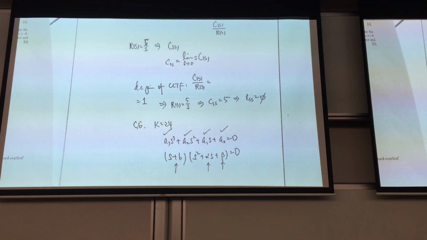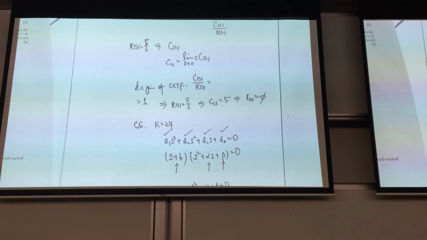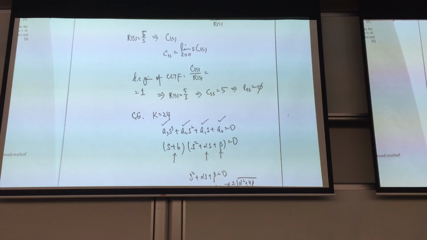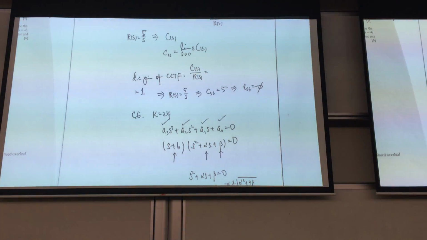Straight away from here, you let s squared plus alpha s plus beta equal to 0. You can find out the location: minus alpha plus minus the square root of alpha squared minus 4 beta, divided by 2. So you know where your dominant pole is going to be located. And that's what they ask you, to find the dominant closed loop pole location, and from there determine the damping factor and the frequency of oscillation of the response due to the dominant closed loop pole.